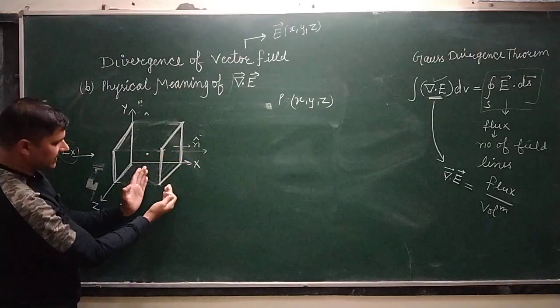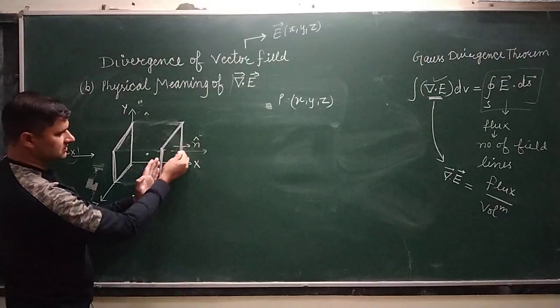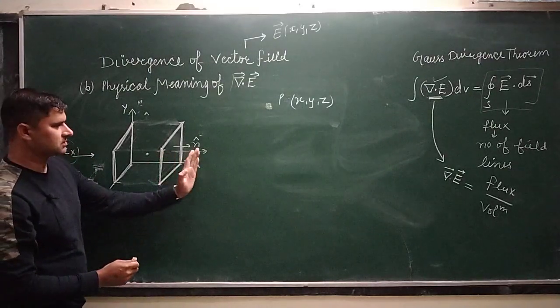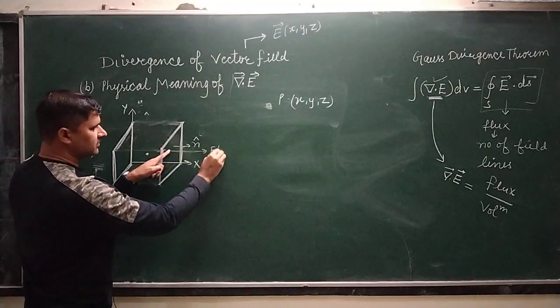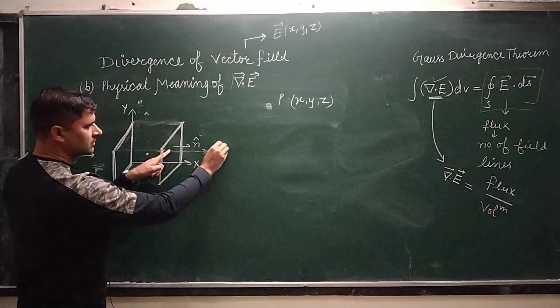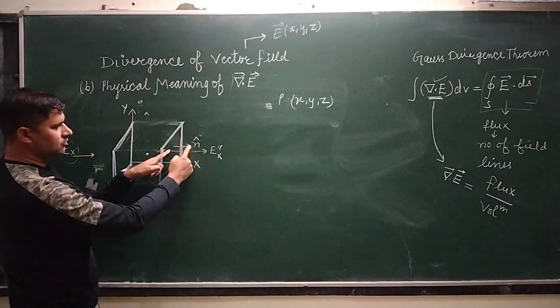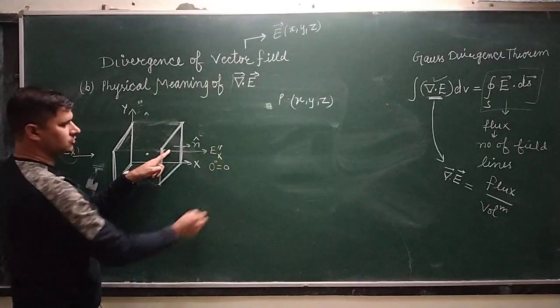So you can see at the second face here the normal to the surface and the component of electric field are in the same direction. So here the angle between the x component of electric field and the normal is 0 degree.